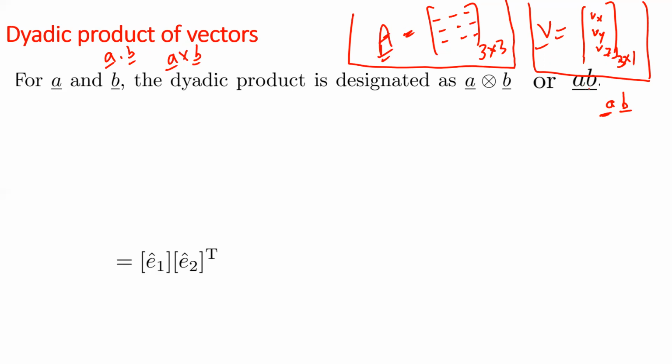If there is no symbol, we will consider that as a dyadic, or also called tensor product. Some mathematics books also refer to them as outer product.